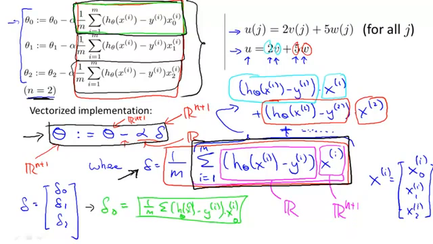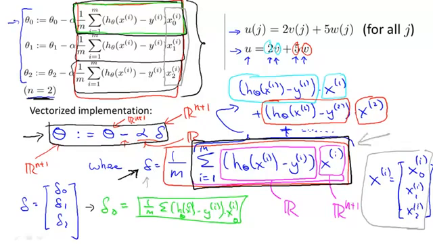And if it's still not clear, one insight is that this thing over here is exactly the vector x. And so we're just taking all 3 of these computations and compressing them into one step with this vector delta, which is why we can come up with a vectorized implementation of this step of linear regression this way.